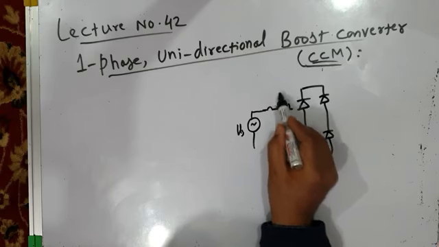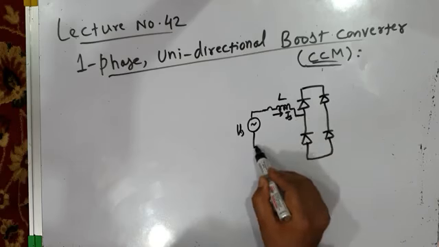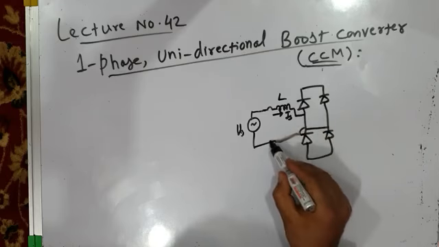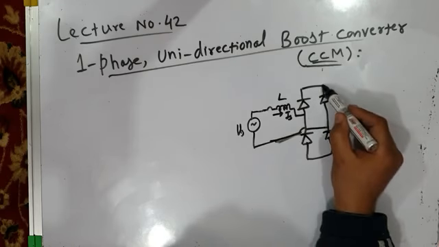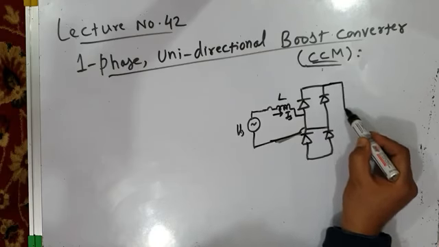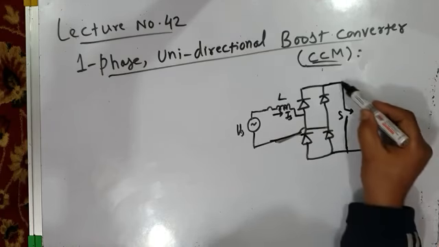and this is the boost inductance, and this is your source current Is. This is the connection, and then you have the switch, which may be an IGBT operating at a very high switching frequency.